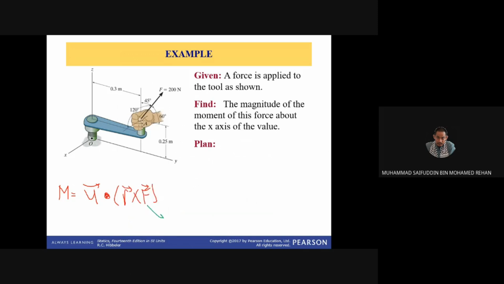The force is clear cut, it is the force. R is from axis to force, and the unit vector is for the axis. That one you are clear on, right? Yeah.